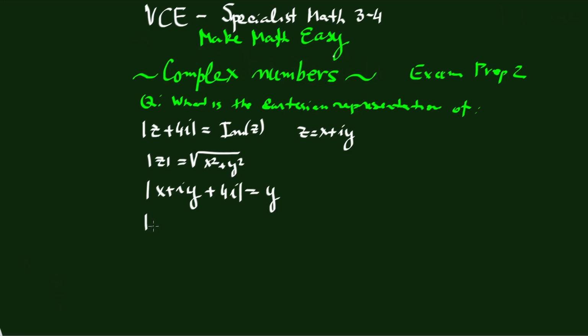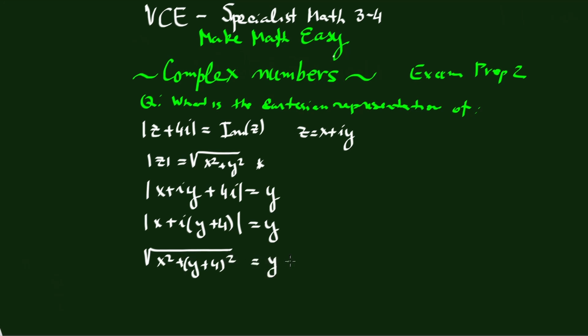So if we group the like terms, we get x plus i(y plus 4). The absolute value equals y, and the absolute value is the formula, the square root of x squared plus (y plus 4) squared equals y.